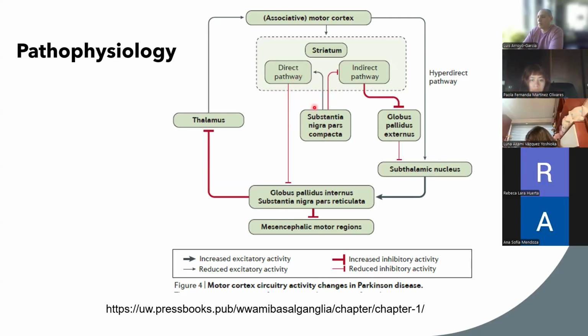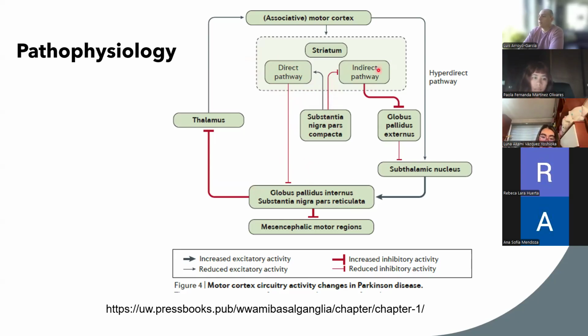So we cannot activate the direct pathway, and these GABAergic neurons cannot inhibit the globus pallidus region.